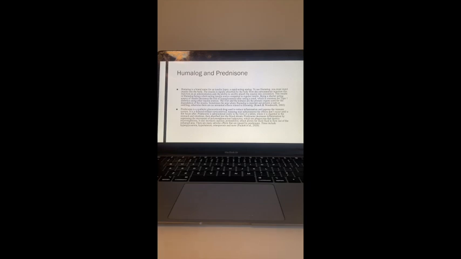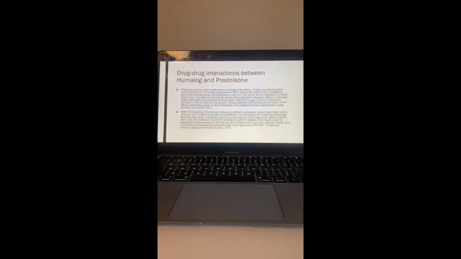It decreases inflammation by suppressing the movement of polymorphonuclear leukocytes, which are phagocytes that destroy microorganisms. It also increases capillary permeability, which allows for more fluid to flow out of the inflamed area. There are many adverse effects that are caused by prednisone. These include hypoglycemia, hypertension, osteoporosis, and more.